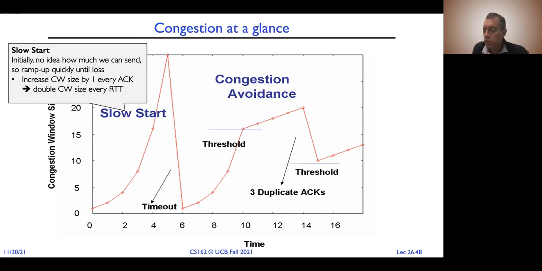First of all, when I'm starting to send data as a sender, I know how much the receiver can handle, because initially when I establish the connection with the three-way handshake protocol, the receiver tells me about the advertised window. So I know how much to send without overflowing the receiver. But I don't know how much I can send without overflowing the network.